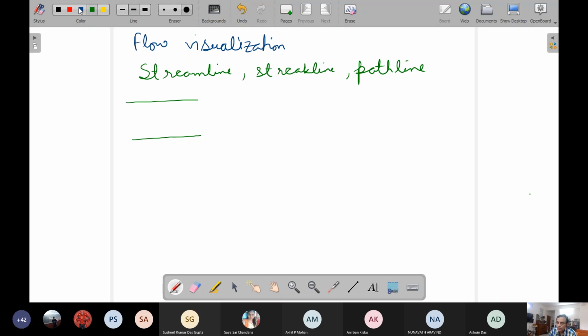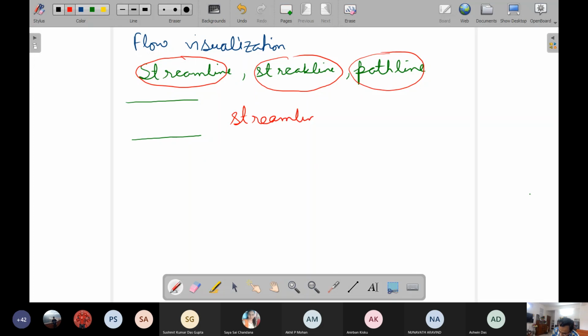What we are trying to see, or rather trying to imagine, because this is what you cannot see directly, you can only imagine that there are certain conceptual lines in the flow which are either of these. So the first conceptual line that we talk about is the streamline. Again, these are certain concepts.